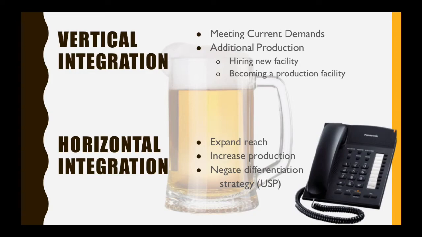However, both of the integration processes negate their differentiation strategy. Their USP specifically is to be a local brewer. So the big dilemma they're coming into currently is whether they actually want to implement some of these growth strategies while they still want to maintain their current outlook and their current branding.